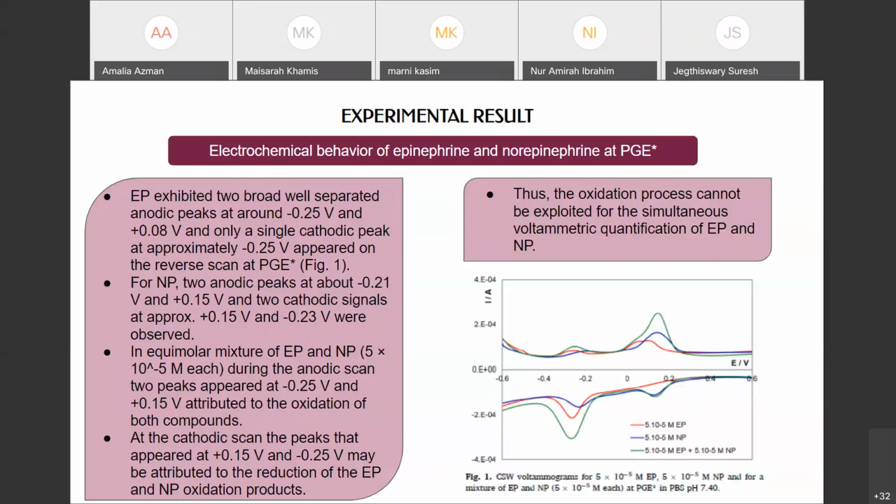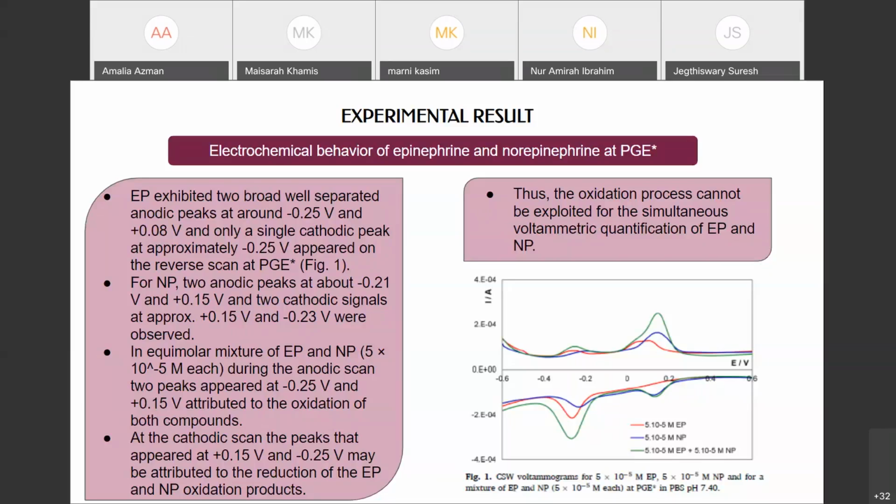So in equimolar mixture of EP and NP, 5 times 10 to the power of -5 molar each, during the analytic scan, two peaks appeared at the negative 0.25 volt and positive 0.15 volt, attributed to the oxidation of both compounds.